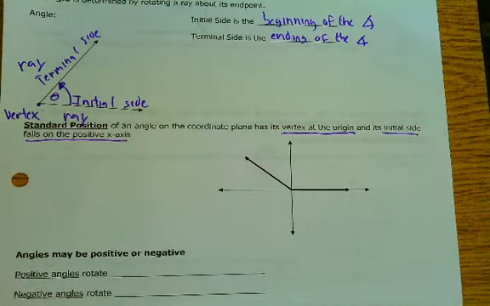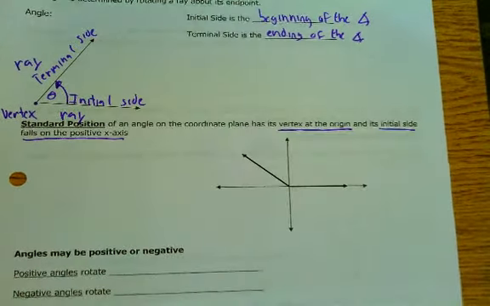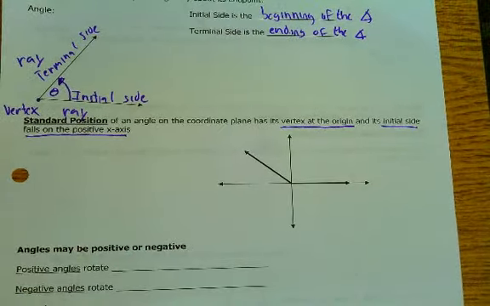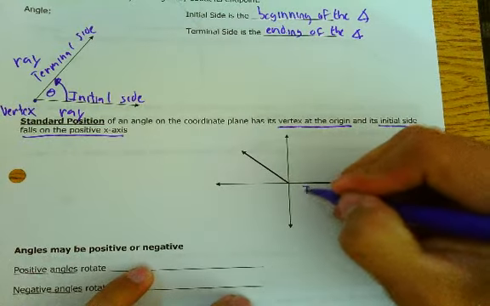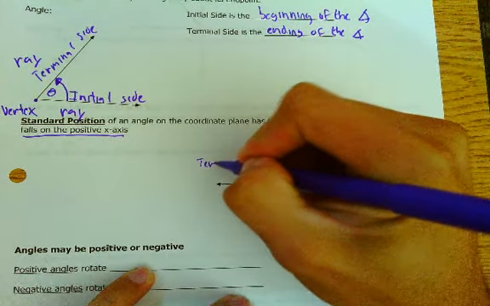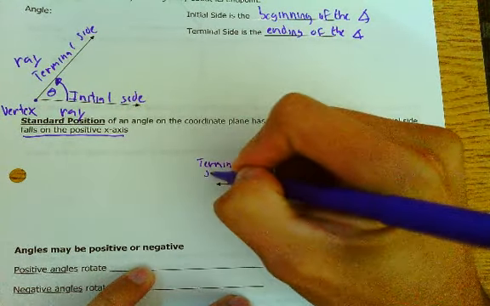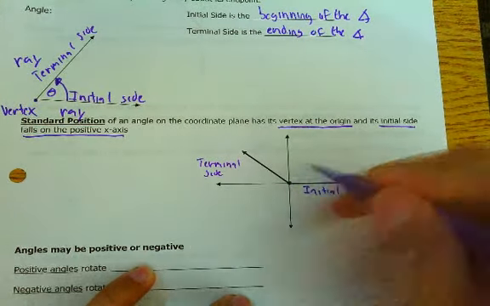Okay? So label your angle using what you know. Label your initial side, label your terminal side. Tell me which direction that angle is going. Okay? Alright, do we all have this?